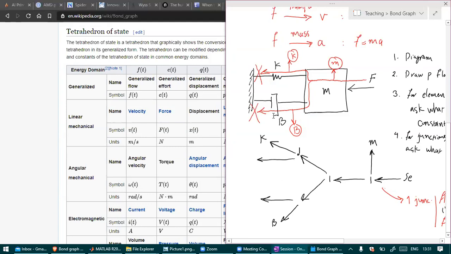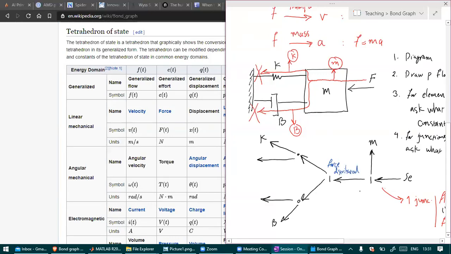And the same for a damper. We know that both sides of the damper should have different velocities. So again, the force remains constant, so we set that to 0. So basically, here we had force distributed.